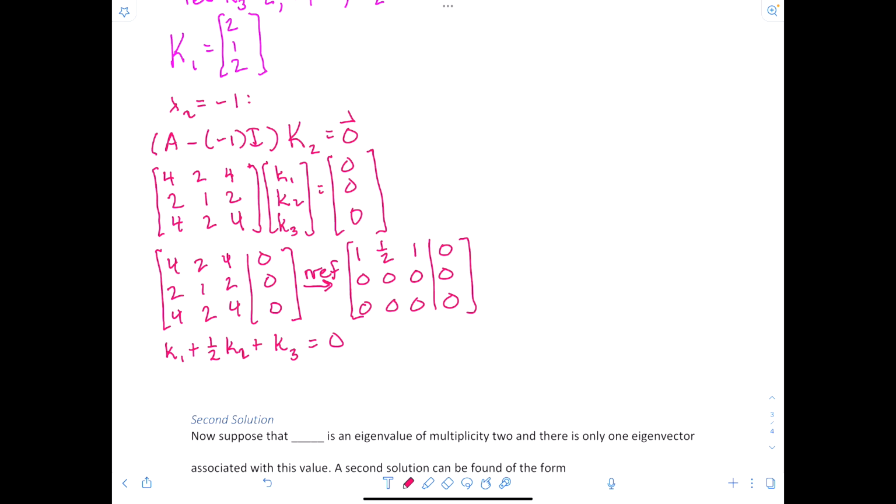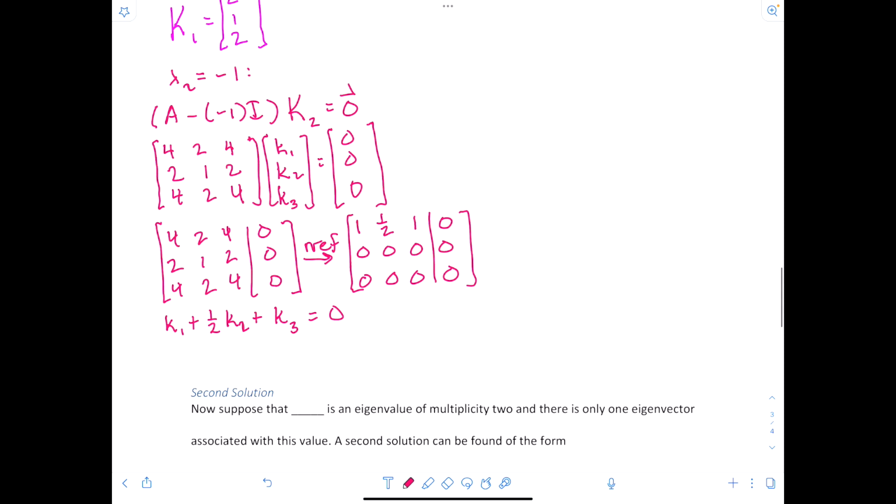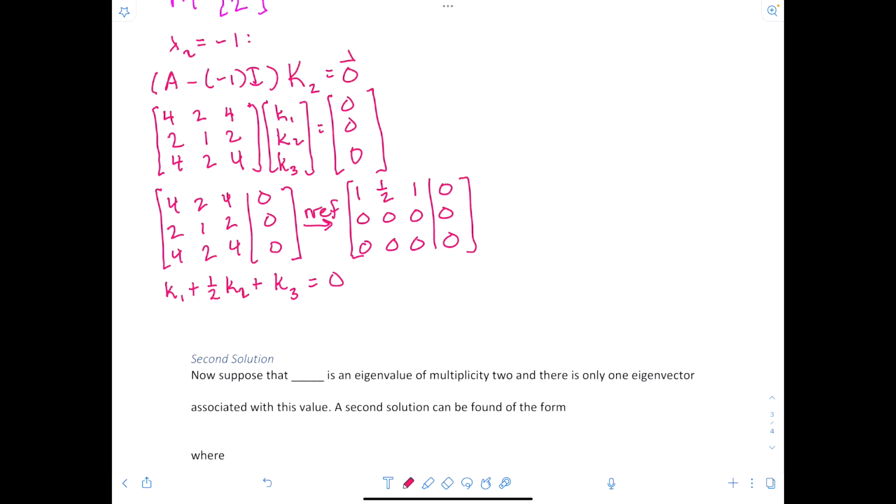We have 2 parameters here, so we'll be able to get 2 eigenvectors out of this. So K1 is equal to -1/2 times K2 minus K3.